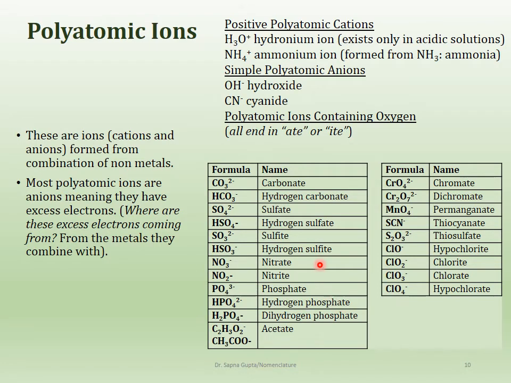Okay, one other little point I want to make for you is that there is a difference in the "ates" and the "ites", and that has to do with the number of oxygen. Ate is always the higher number of oxygen, ite is the lower number of oxygen. So sulfate has 4 oxygen, sulfite has 3.